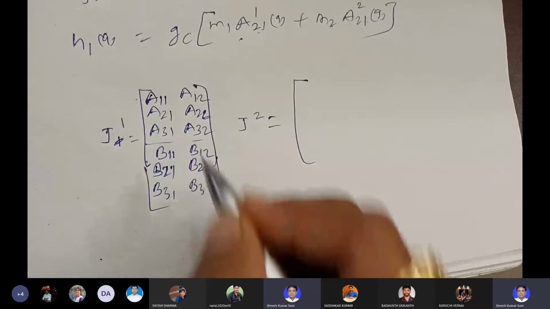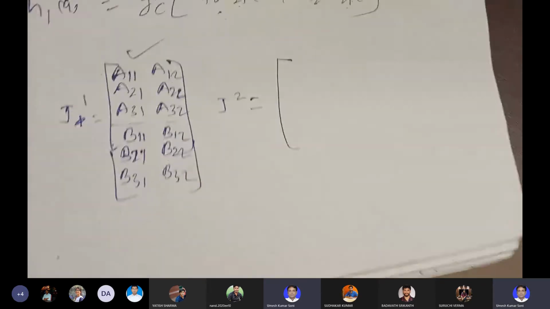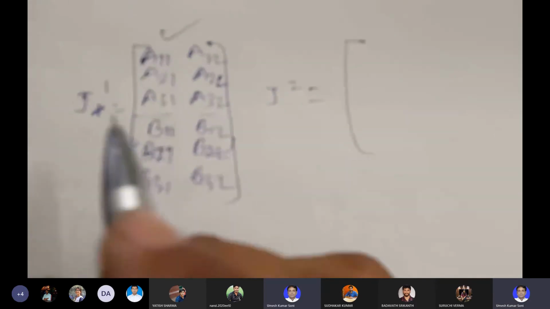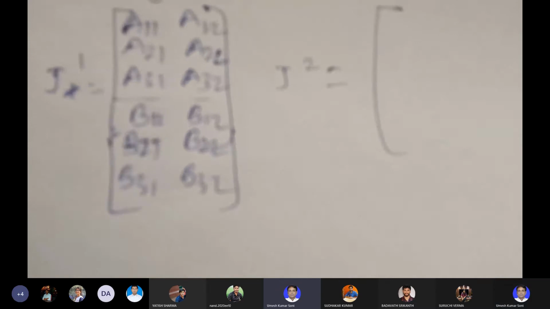Any Jacobian is represented by this equation. Okay, पिछले जितने इक्वेशन है I have determined the Jacobian J1 and J2. You have how many?